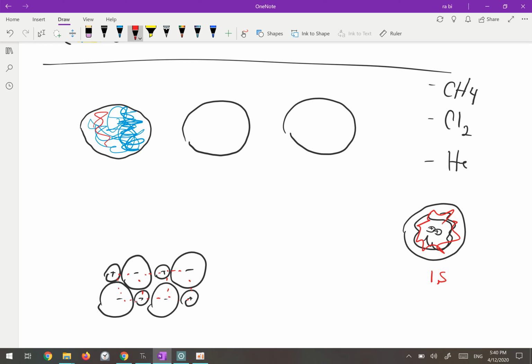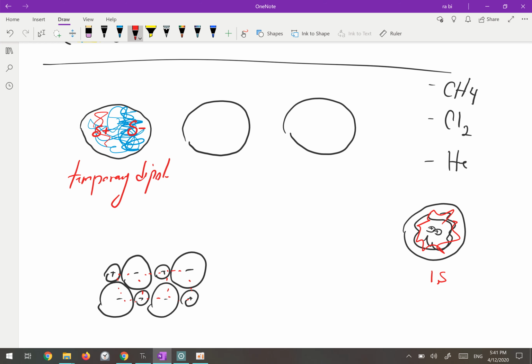So at that moment, the side of the molecule which has extra electrons becomes partially negative and the other side of the molecule becomes partially positive. This is temporary. So what happens here? Here a dipole is formed, but we call it an instantaneous dipole, or temporary dipole.